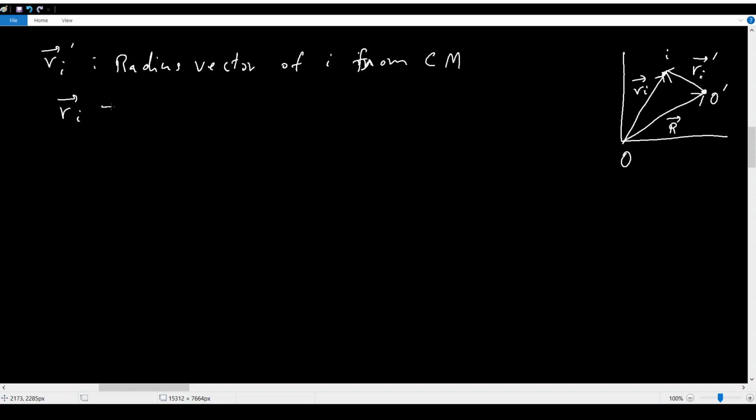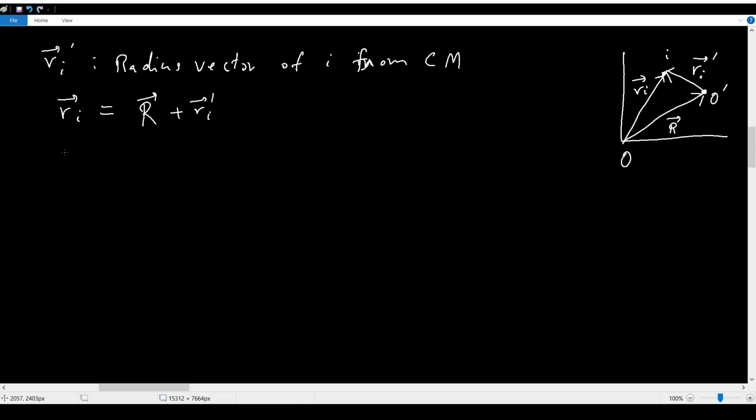So Ri is just capital R plus Ri prime. Okay, so we're just writing Ri in terms of the position vector in the new frame of reference. So Ri is capital R plus Ri prime, right?